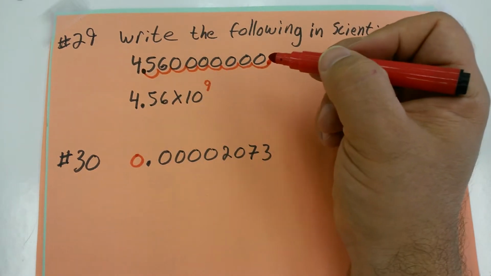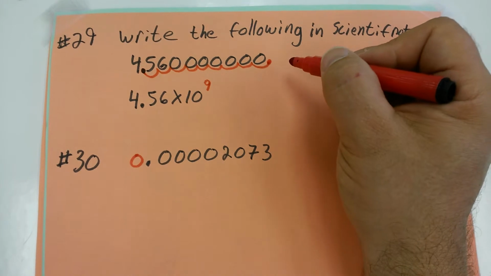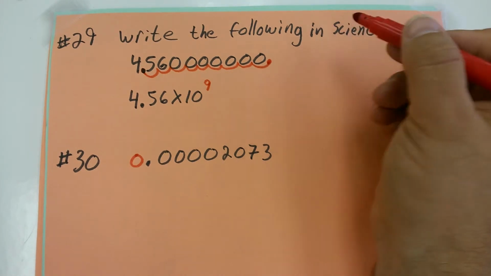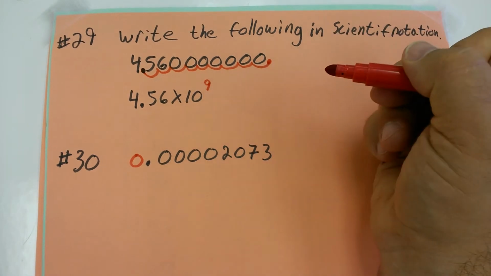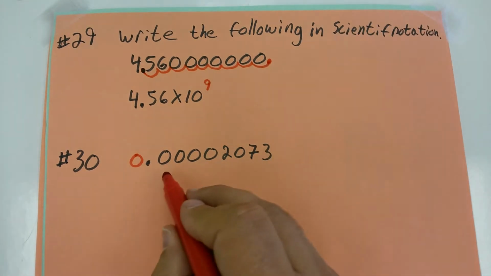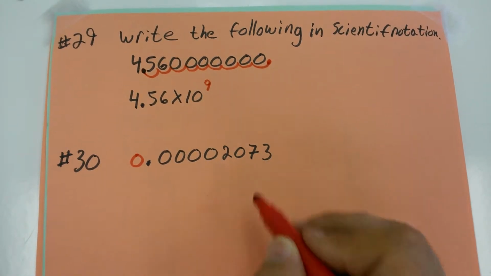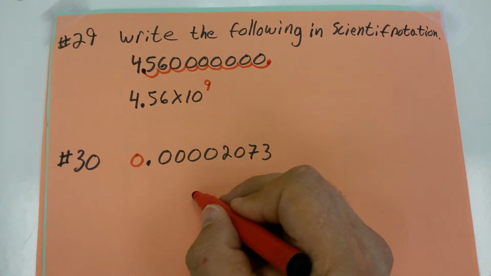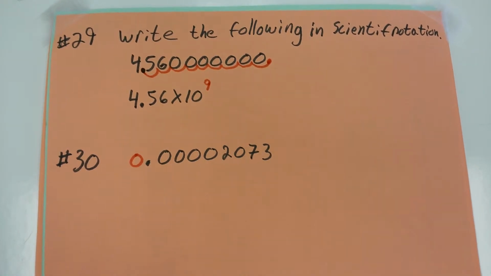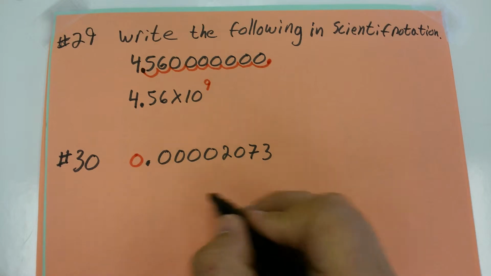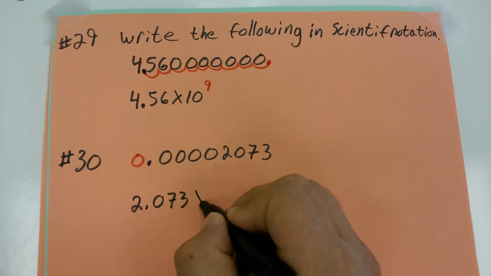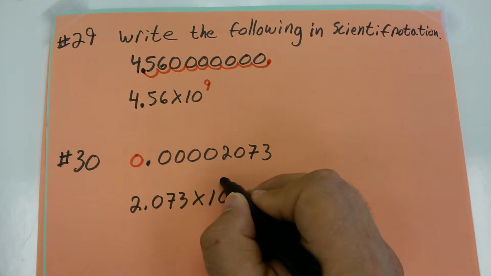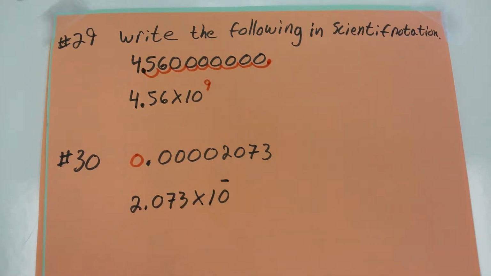Now, some teachers talk about going left and right. I don't want to discuss that. I'd rather just say because this is a large number, it's going to be a positive exponent. And because this is a very small number, that's going to give me a negative exponent. So for this bottom one, it's going to be 2.073 times 10 to a negative power because it's a small number.